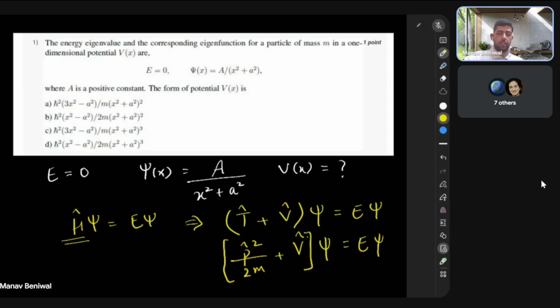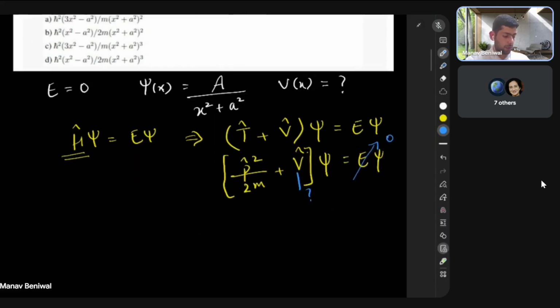Now we are given that our energy is 0, so basically our right hand side goes to 0, and we are asked about V, the form of our potential V of x. And this is the wave function that we have to use.